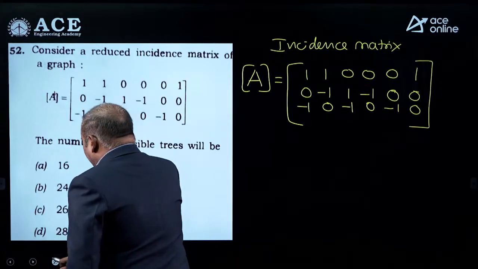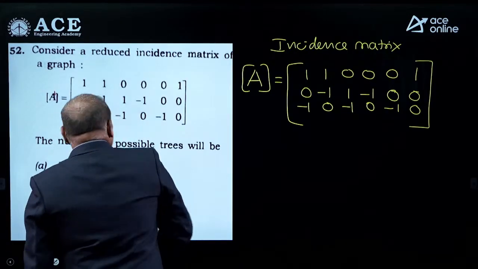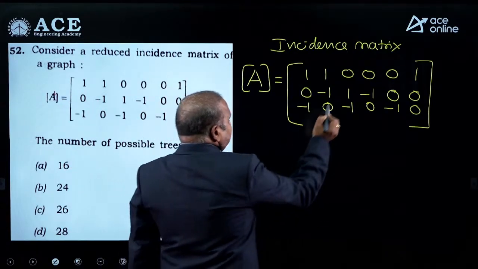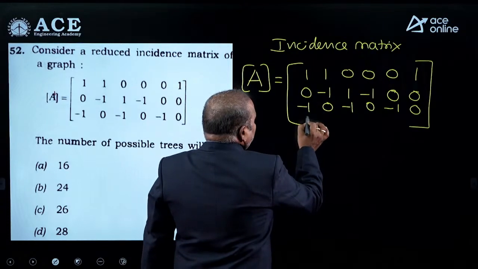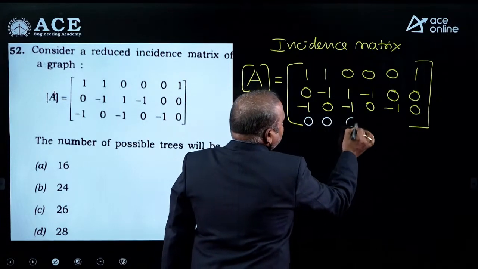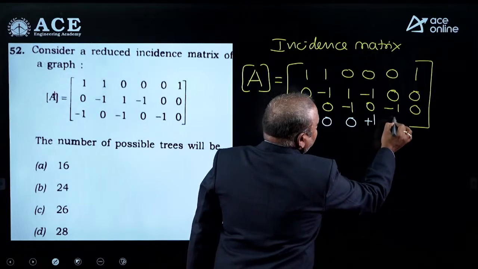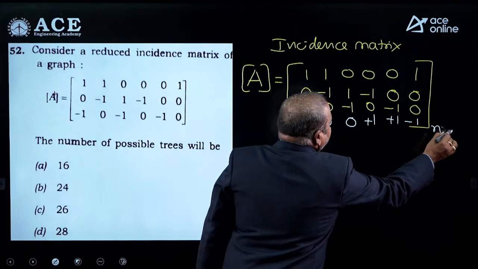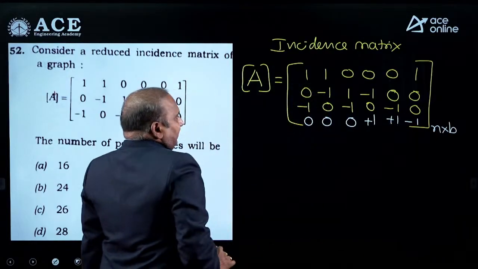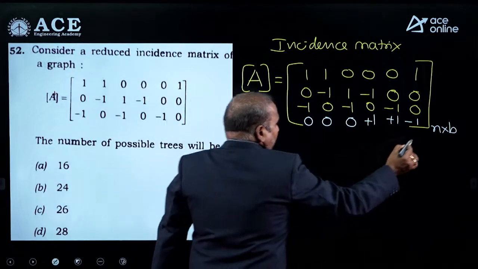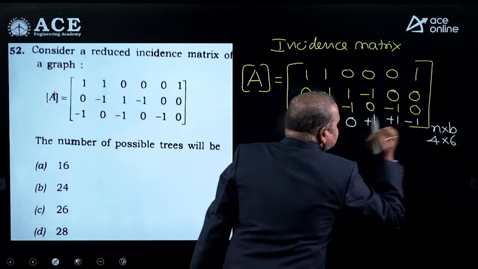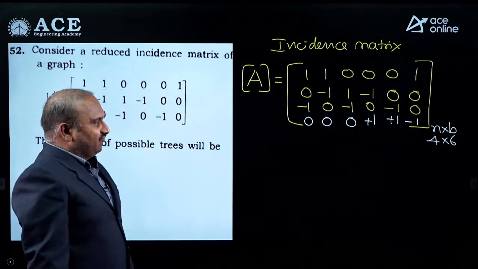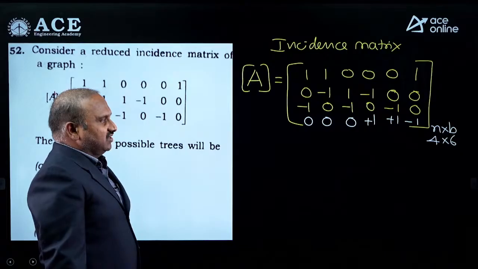That's why, using the property that the sum of all elements in any column is equal to 0, I can develop the incident matrix. Here 0, here 0, here 0, here plus 1, here plus 1, here minus 1. This is n by b. Now, as per this, the number of nodes is 4 and the number of branches is 6.